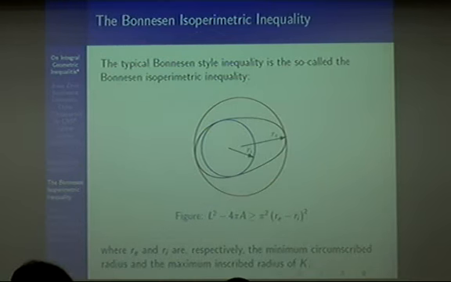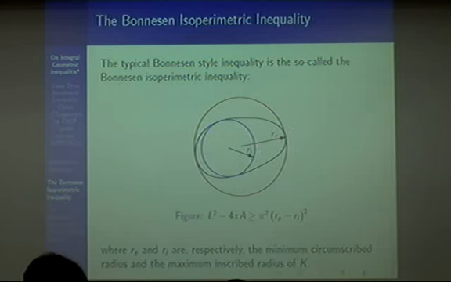If this black one is K, and this blue one is a disk, the maximum inscribed disk, and also the circumscribed disk, the smallest one, then K lies between this disk and this disk.